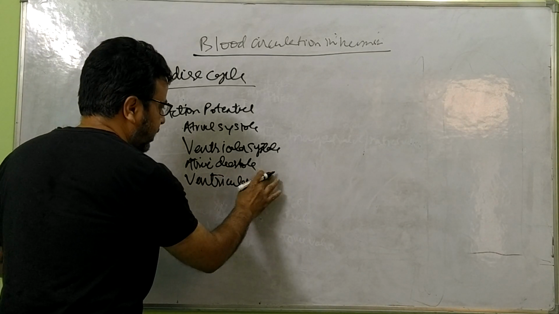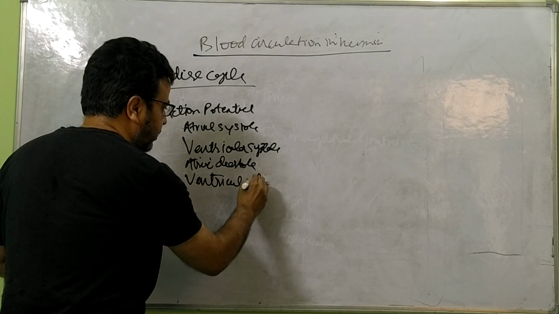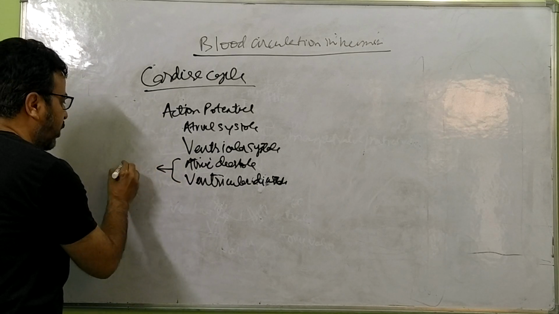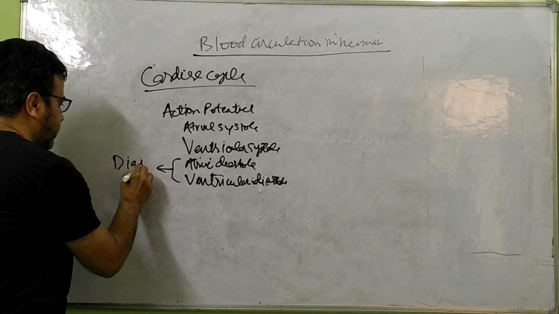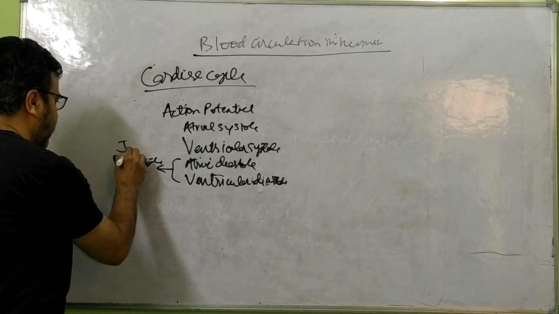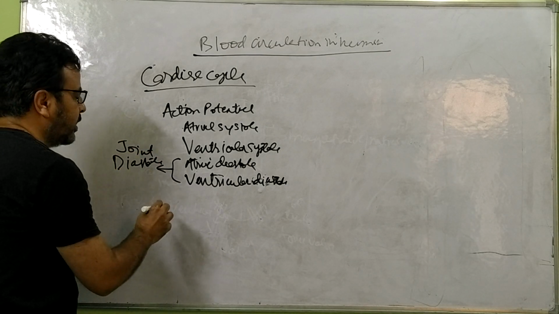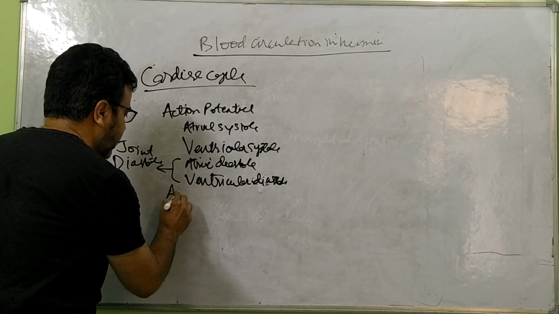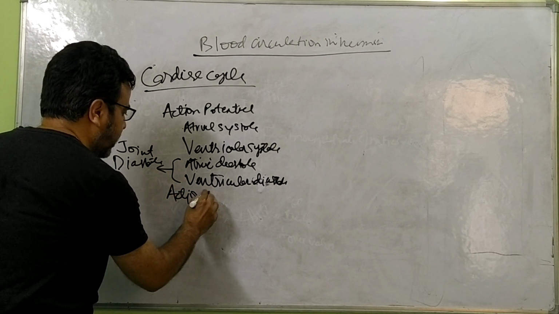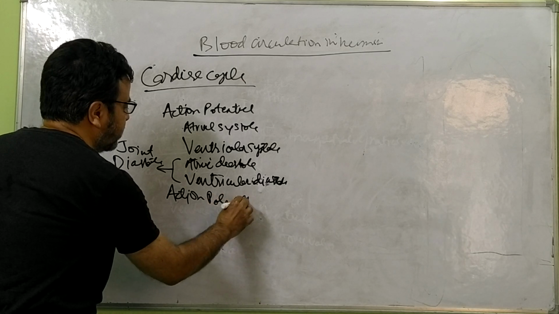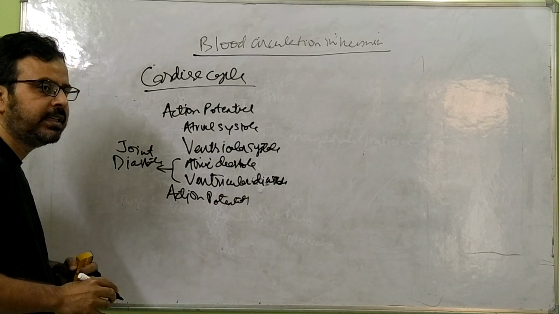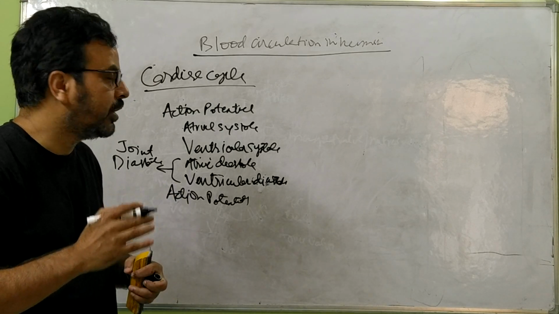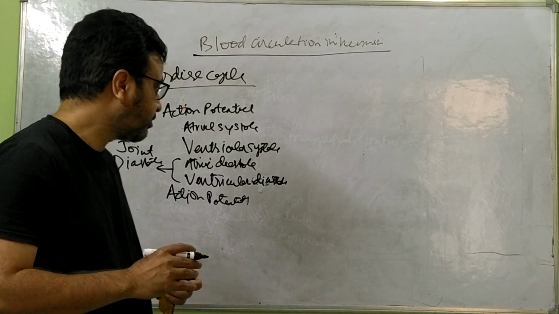Then ventricular diastole follows, and this is the joint diastole, both are in diastole. This is the joint diastole, the last step of the first cardiac cycle. The start of the second action potential then takes place, leading to continuous action potentials and a continuous cardiac cycle.